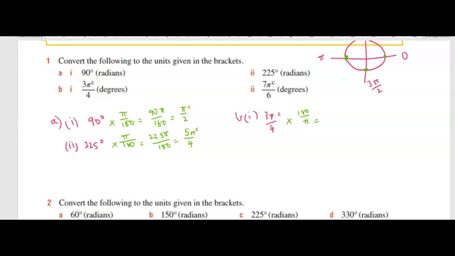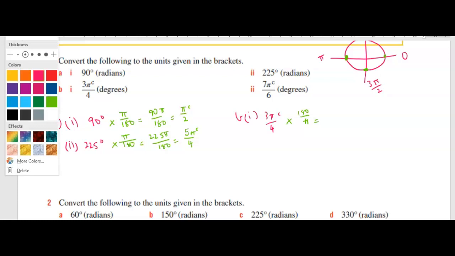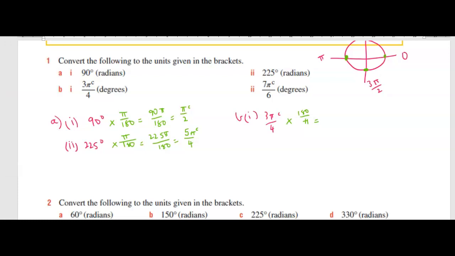So the easiest way to do this, I might just keep it in green. So 3 pi on 4 times 180 on pi. So your pi's are cancelling out. Okay, so that might make it a little bit easier for you.